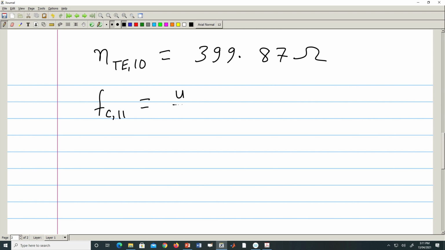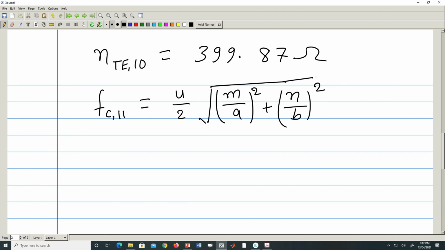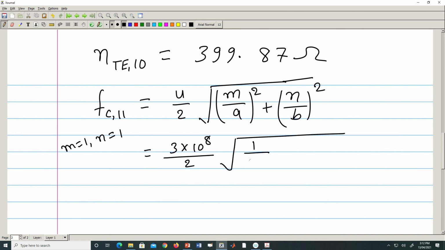Here m equal to 1, n equal to 1, and it will be 3 into 10 to the power 8 by 2 square root of (1 by a, where a is 2.5 centimeter, 2.5 into 10 to the power minus 2) whole square plus (1 by 1 into 10 to the power minus 2) whole square.